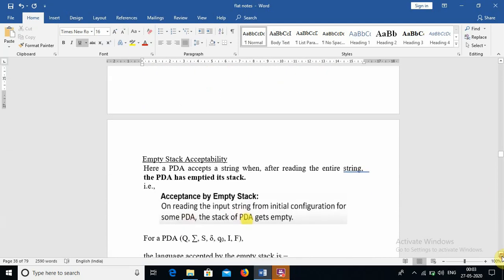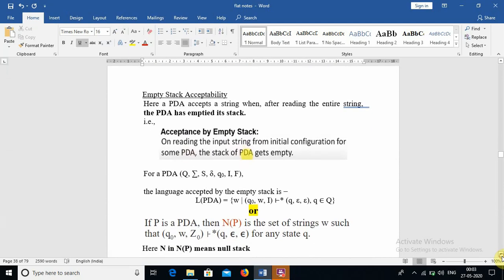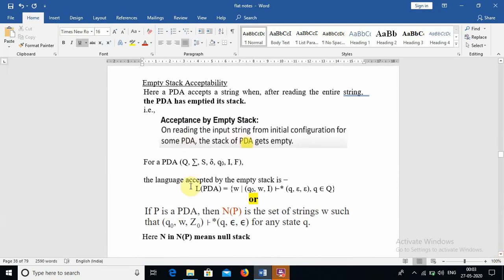The next one is empty stack acceptance. If you say that the language is accepted by the PDA with the help of empty stack, the way is that on reading the input string from the initial configuration, the stack of the PDA gets empty.